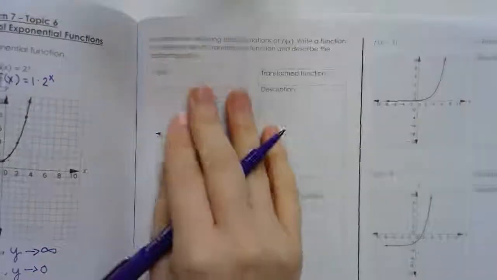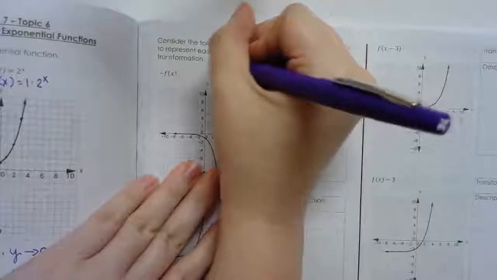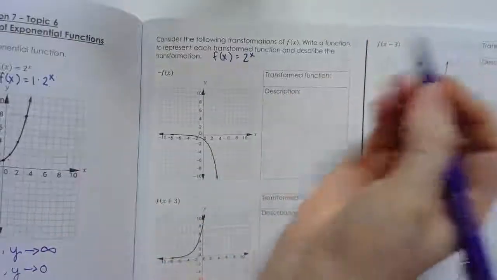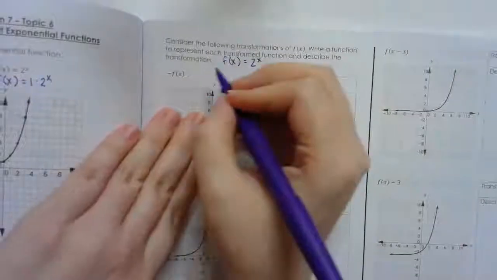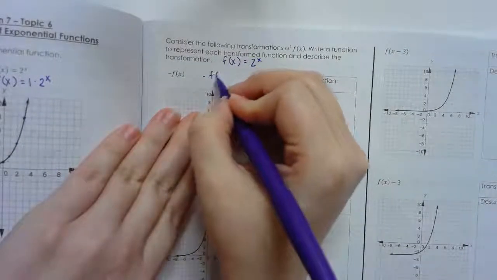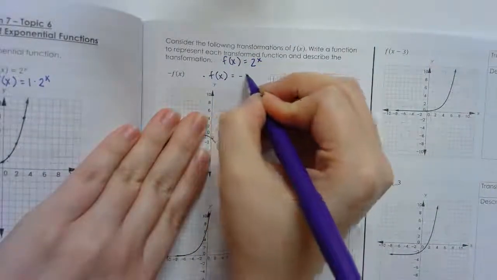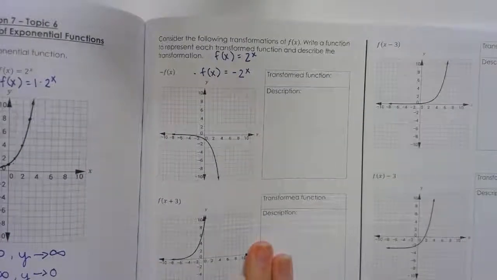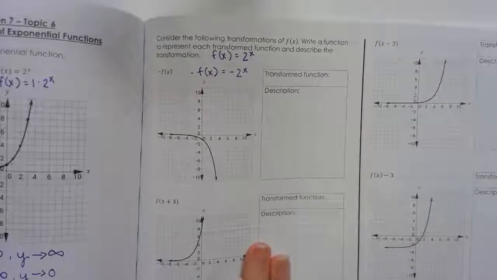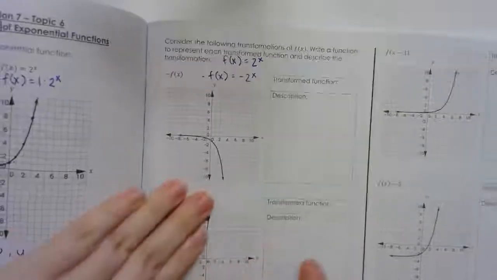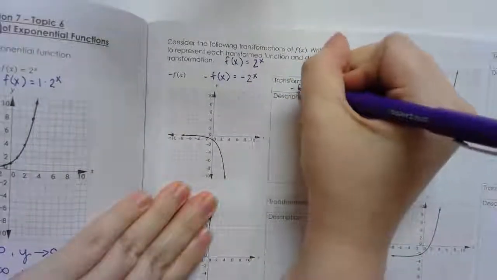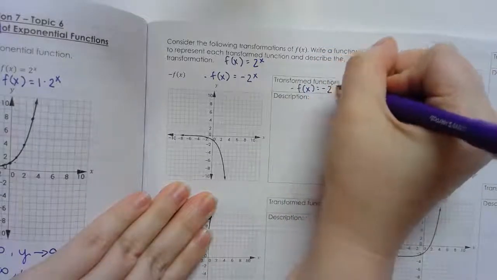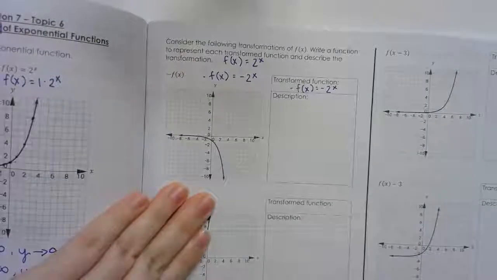Well, if f of x equals 2 to the x, then negative f of x would be negative 2 to the x. Okay, so my transformed function here would be negative f of x equals negative 2 to the x.